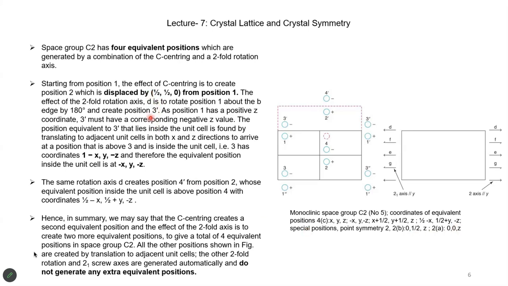That's what we discussed, and we said in the figure, translation is created to adjust the unit cell. The other two-fold rotation and two-fold screw axis are generated automatically and do not generate any extra equivalent positions.